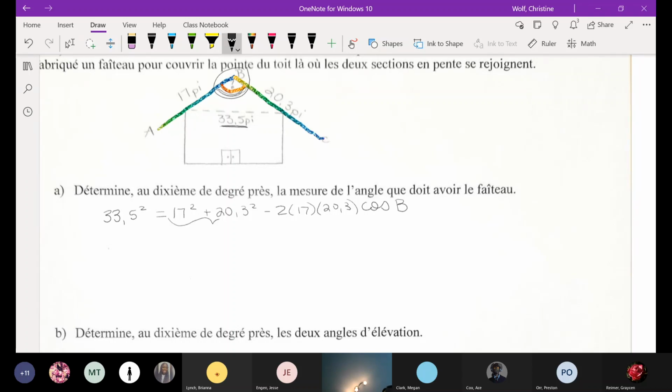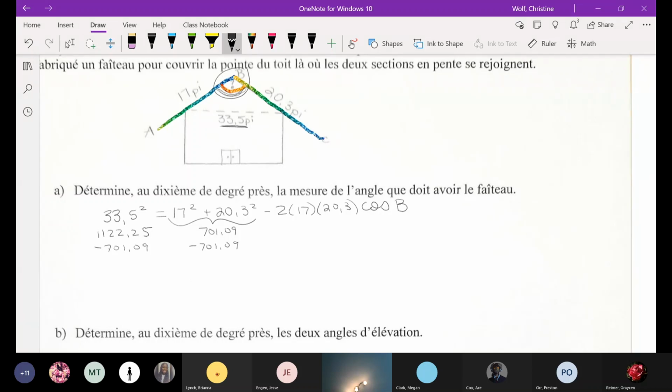OK. So, quand je multiplie ou additionne ces deux ensemble, 17 au carré, additionné à 20.3 au carré, me donne 701.09. And then, ici, ça me donne cela, okay? So again, I'm going to now minus this off to both sides to start getting that B alone.